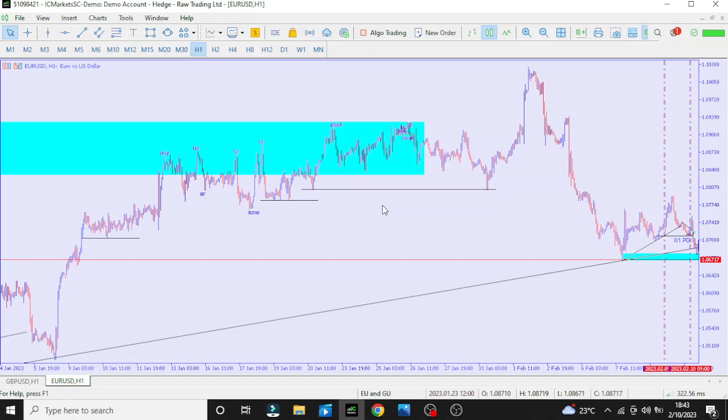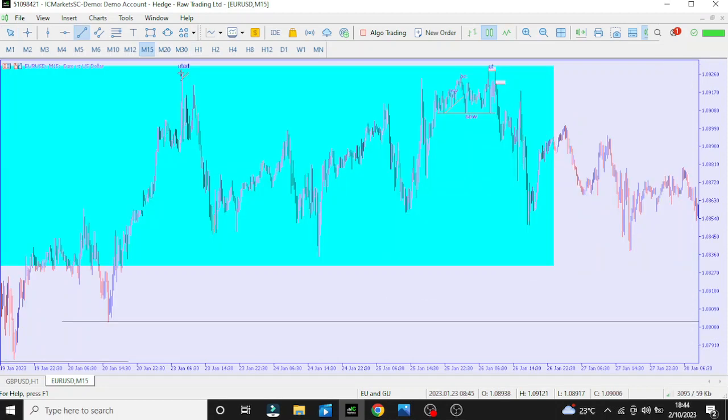So let's get to 15 minutes. This is actually a sweep. There's a difference between an actual break of structure and a liquidity sweep.